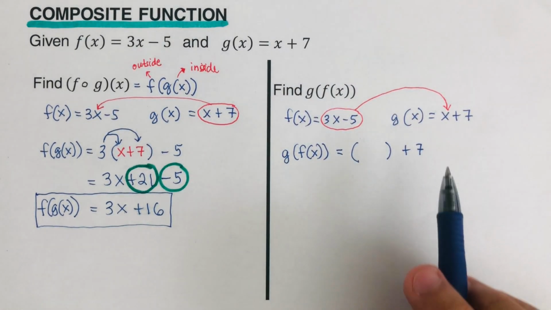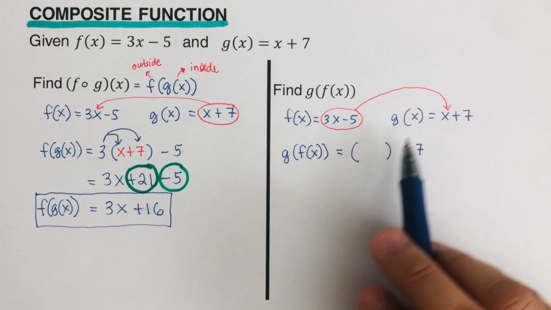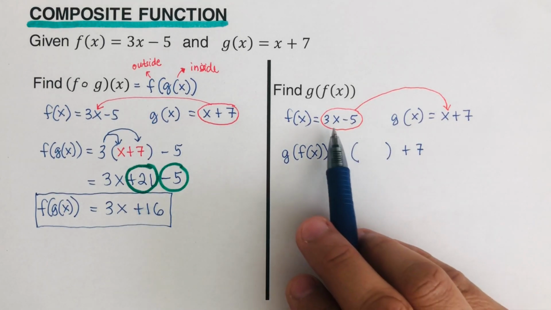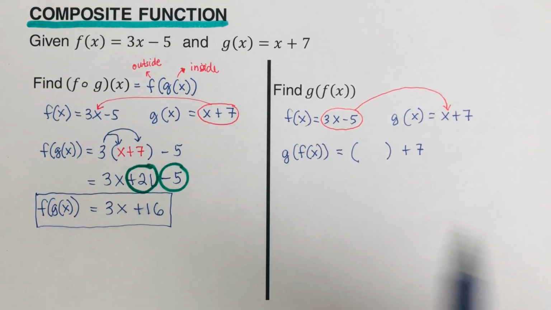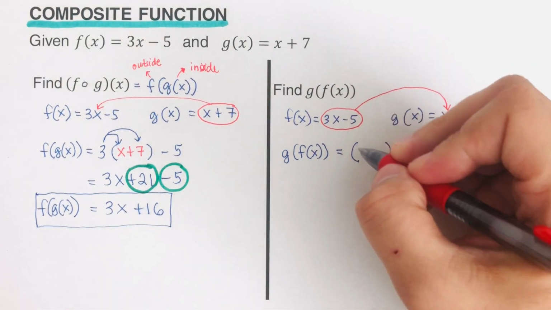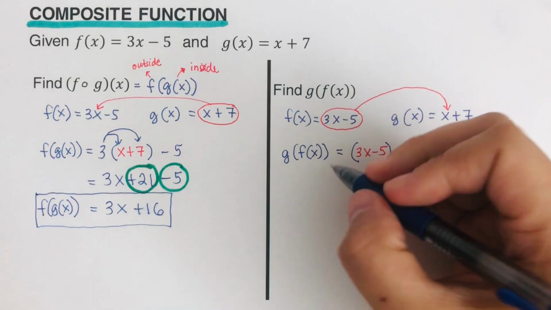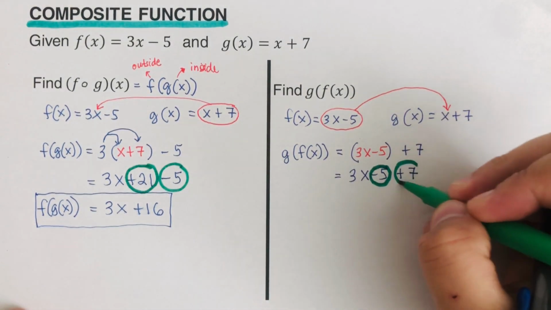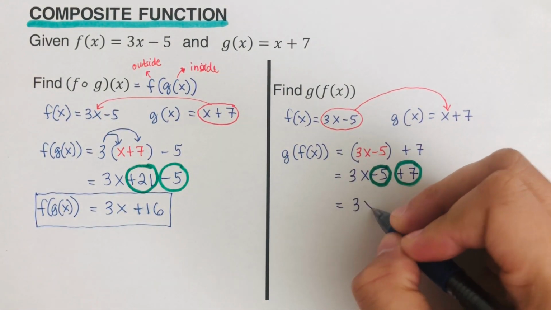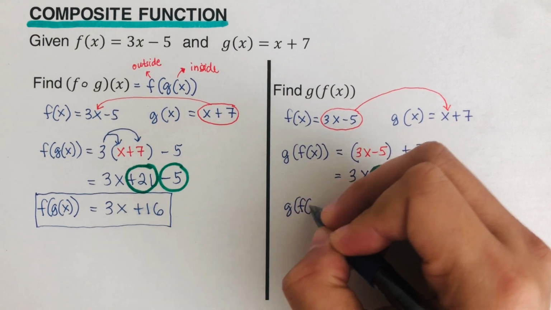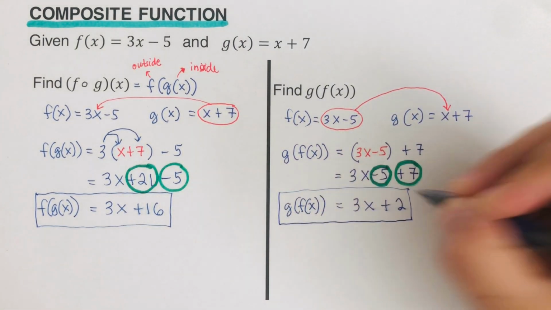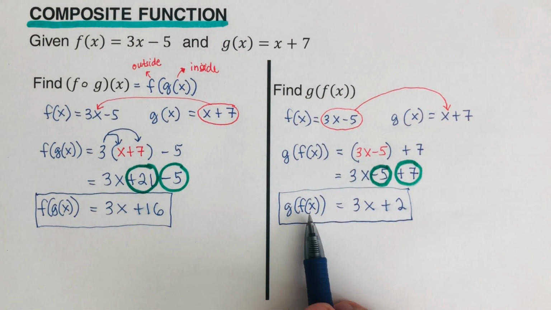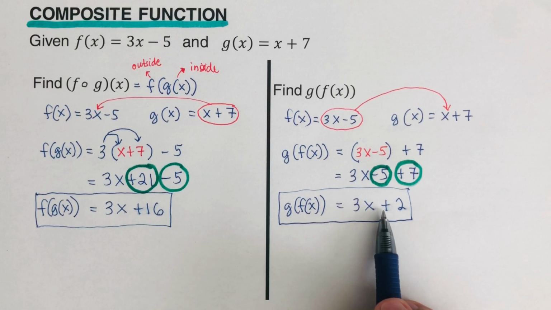I make this x into a parenthesis to give way for the f of x, which is 3x minus 5, so I plugged it in here. So the g of f of x is 3x plus 2.